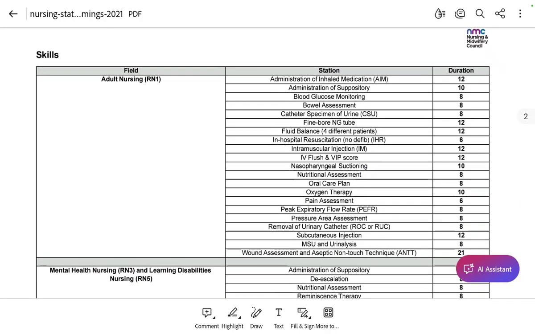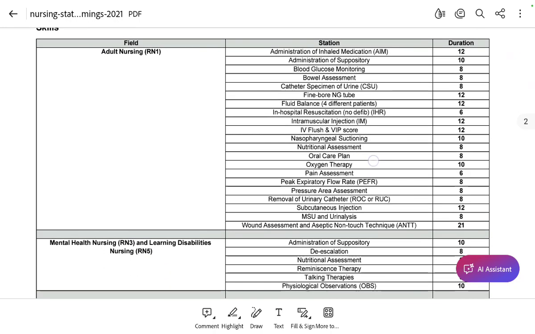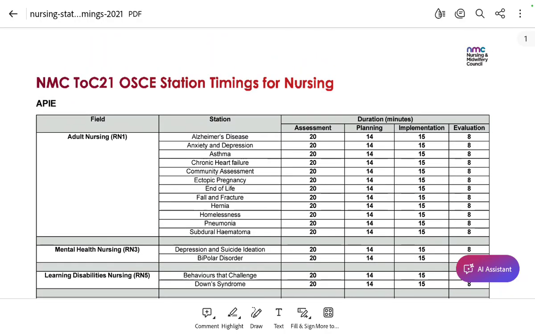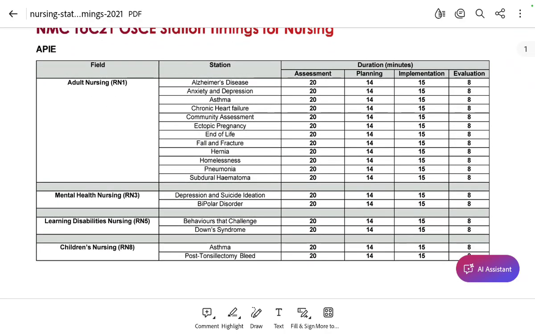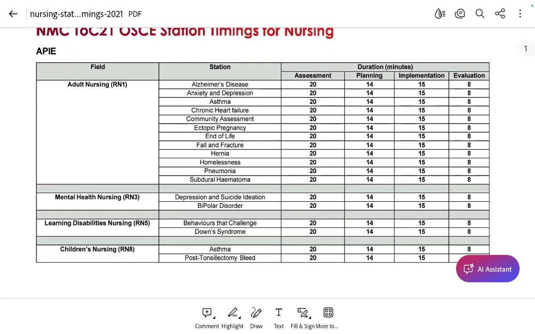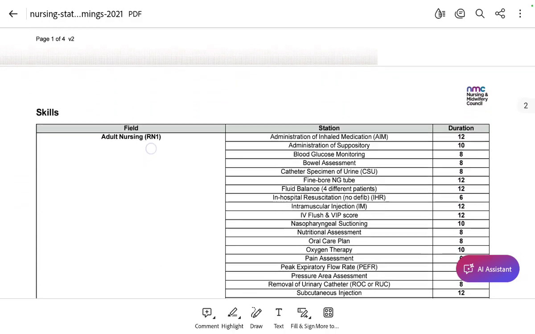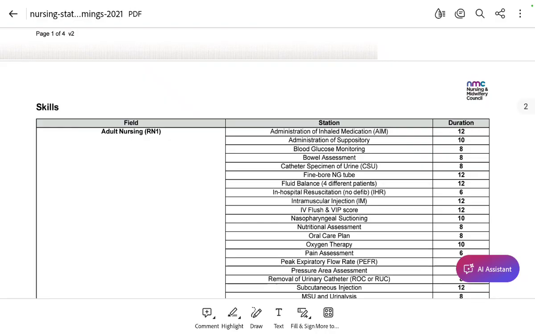Then you will have another four stations where you will demonstrate four skills in the skills station. So out of 10 stations, there will be four as an API, then four skills stations.